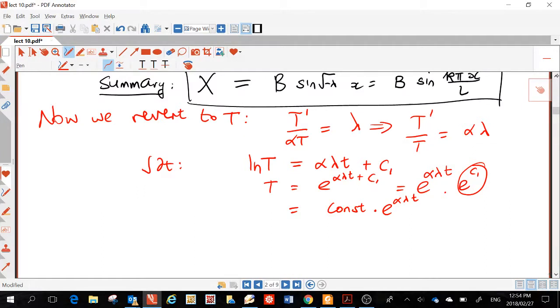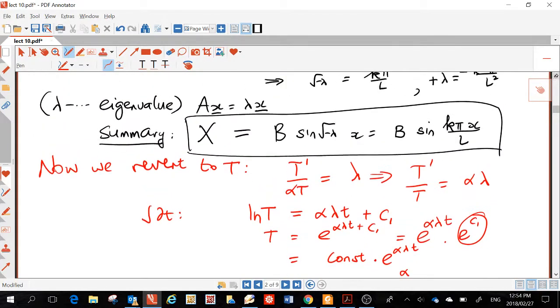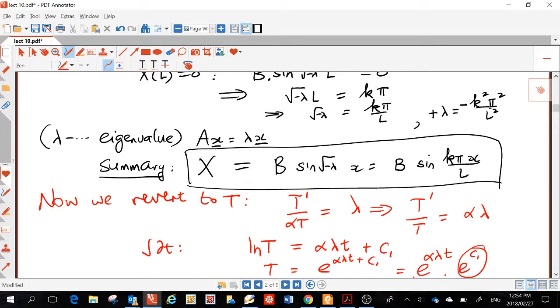And the lambda is the same lambda from above. It's a constant times e to the alpha. What was the lambda, by the way? It was minus k squared pi squared over L squared. There you go. It's here. Minus k squared pi squared over L squared. It's the same lambda. Both sides have to be equal to lambda.